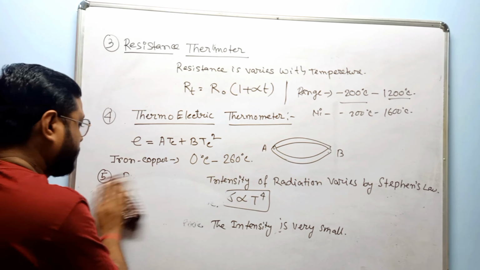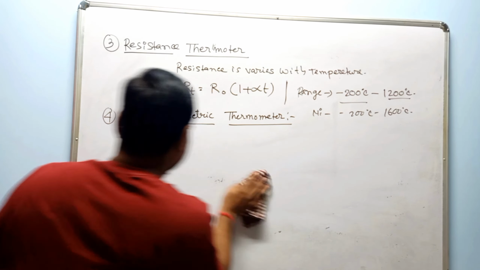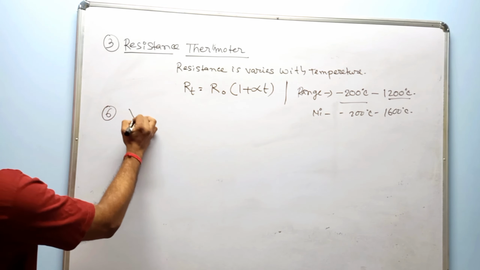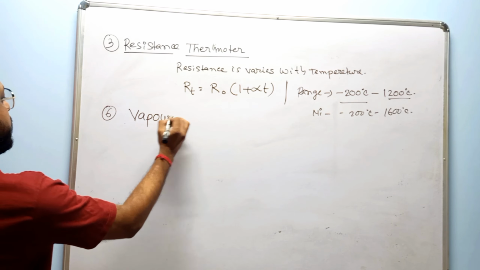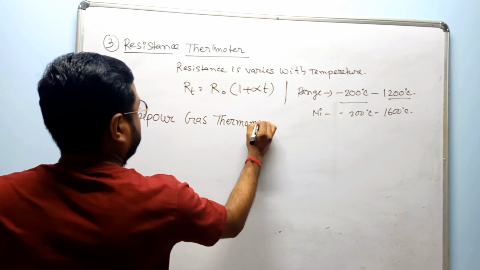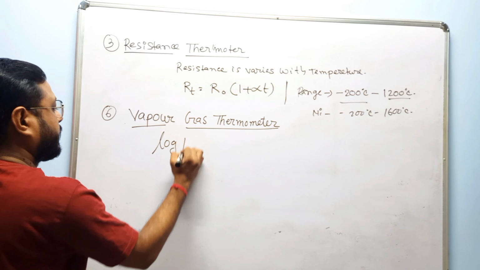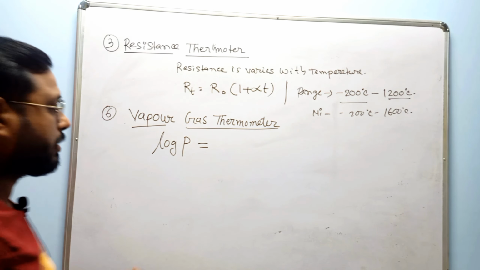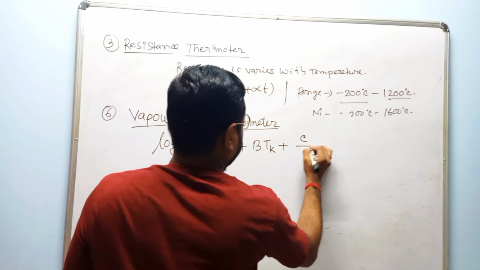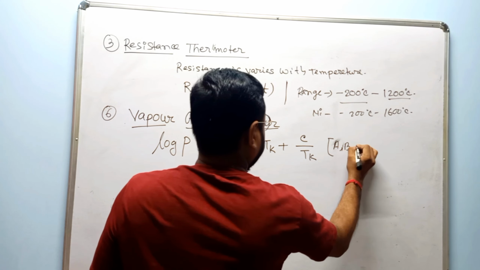Number 6 is vapor gas thermometer. In vapor gas thermometer the vapor pressure of the liquid varies with log P equal to A plus B by T_K plus C by T_K, where A, B, C are constants.